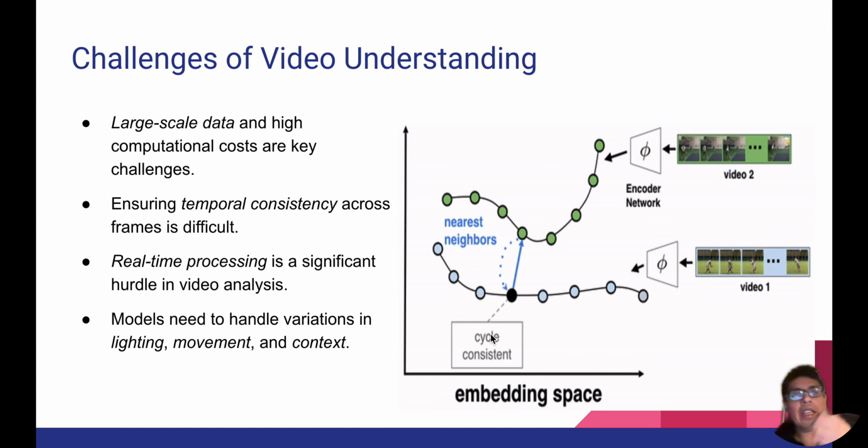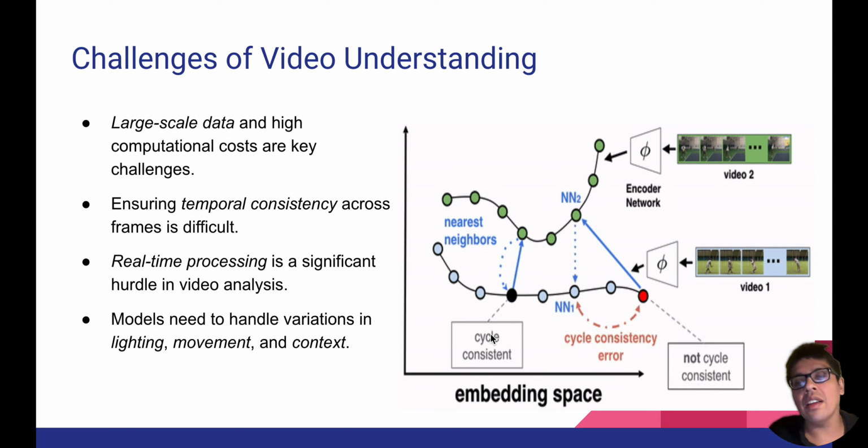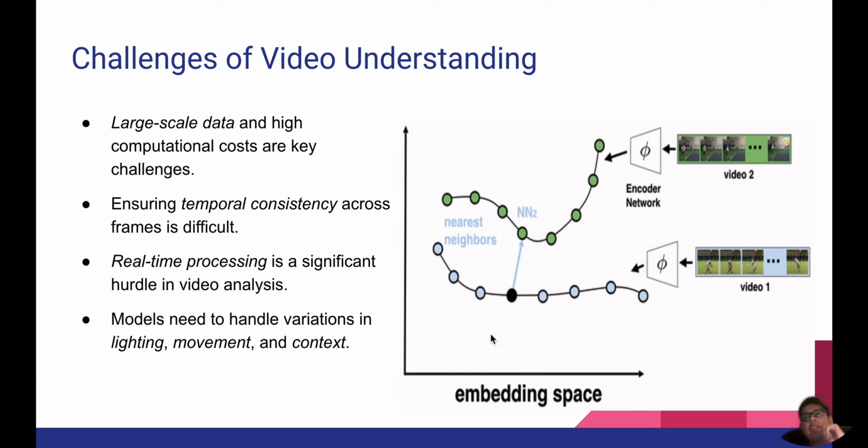Yeah, in this case, there's a lot that can happen that will cause what's called cycle consistency loss. Basically, this is a feature of the embedding space where embeddings diverge between videos, even though the video context was initially similar.